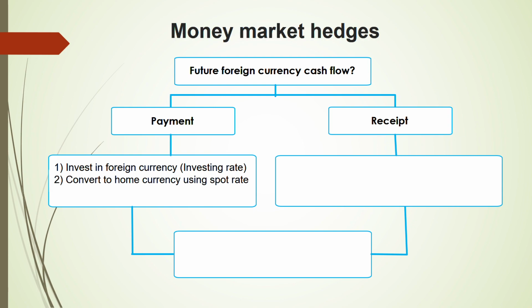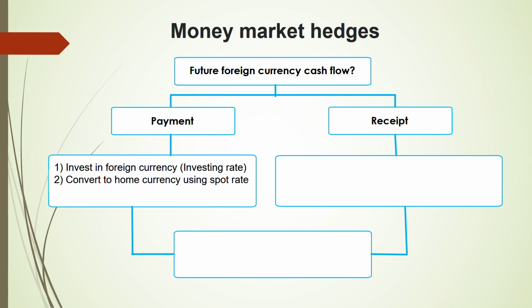The second step is common for both receipt and payment. Convert to home currency using what rate? Spot rate. In the forward hedge, we used the forward rate to convert. But here in the money market, our focus is not about that rate. Our focus is about the interest rate, the investing rate or borrowing rate. That is our focus, hence it is called the money market.